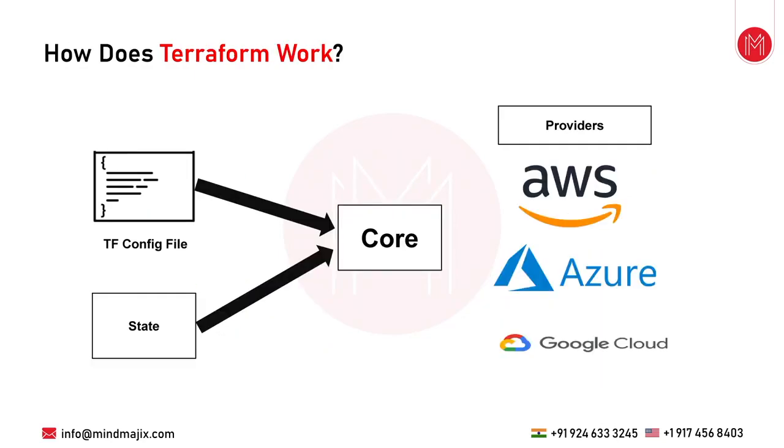Now let's move ahead and discuss the next point, which is how does Terraform work? Terraform allows users to define their entire infrastructure simply by using configuration files and version control.